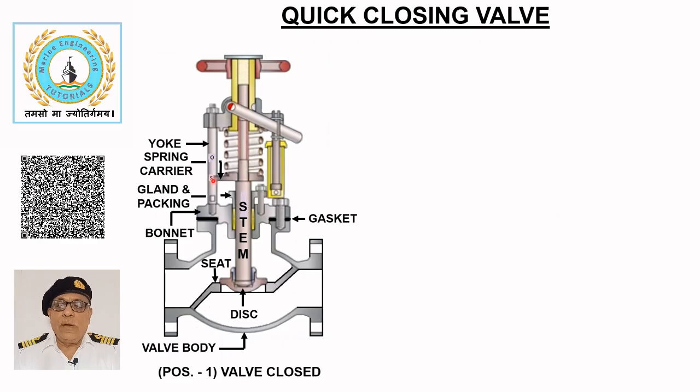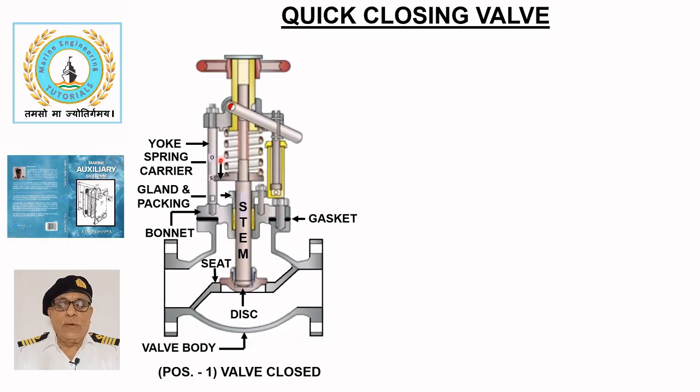The spring carrier rests on the collar of the stem and also indicates the valve's open-shut position. A heavy spring rests on the spring carrier and its force is used to shut the valve remotely.